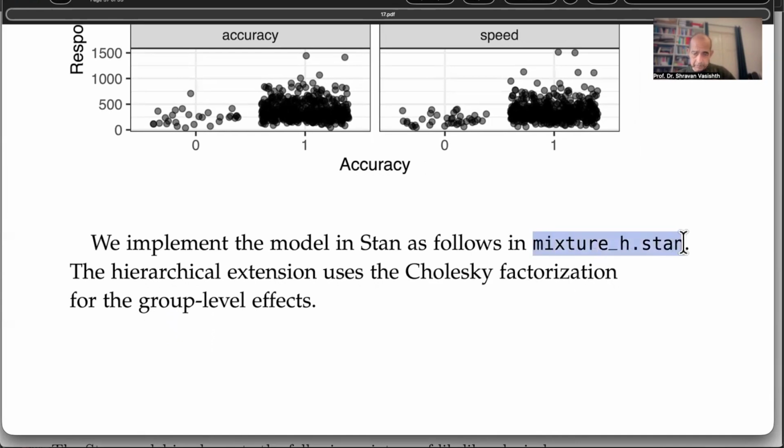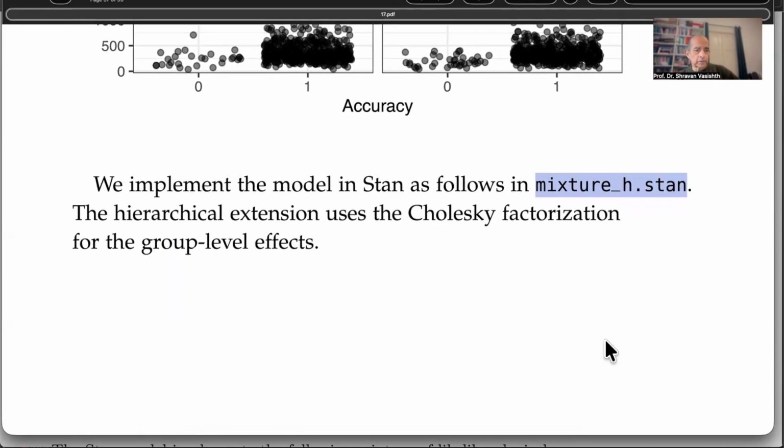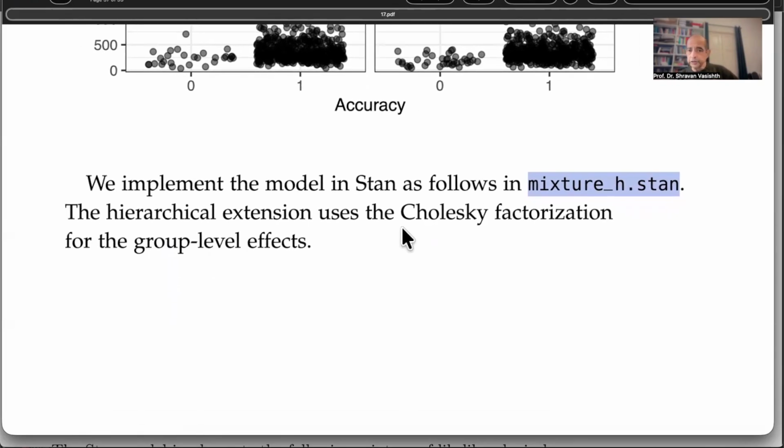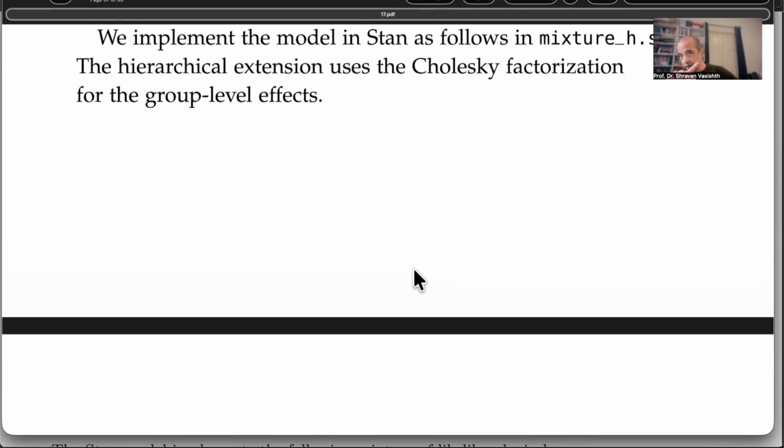Because it's just simulated data, eventually we fit the real data. This model is implemented in the mixture underscore H model, and we are going to use the Cholesky factorization just like before. So everything you learned in the chapter on Stan implementations of hierarchical models is now going to be deployed. Go back and revise that if you've forgotten.